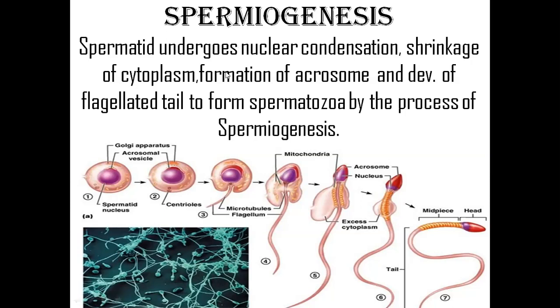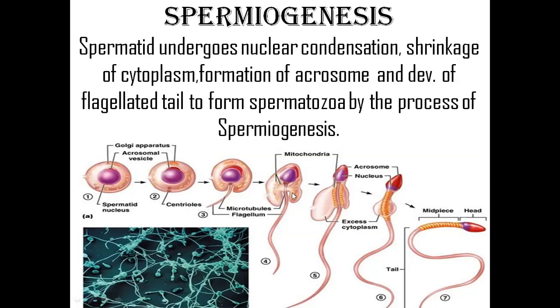So there is nuclear condensation, there is formation of the acrosome, and gradually we see that the cytoplasm also shrinks in such a way that the mitochondria aggregate towards the neck region of the sperm. The excess of the cytoplasm is shed out as the residual body, which is scavenged, as we told you, by the Sertoli cells.